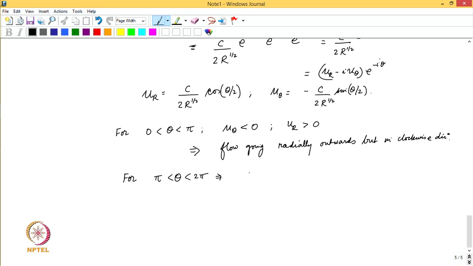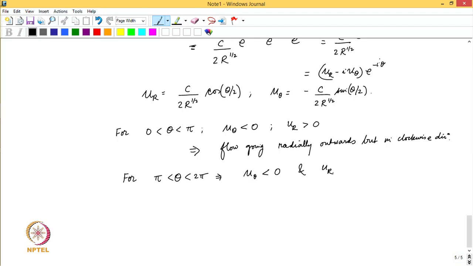in this case now u theta would still be negative, because now theta by 2 will go from pi by 2 to pi, that is the second quadrant where the sine function is always positive, and so u theta will always be negative. But u r in the second quadrant, especially cosine of theta by 2, is actually negative.